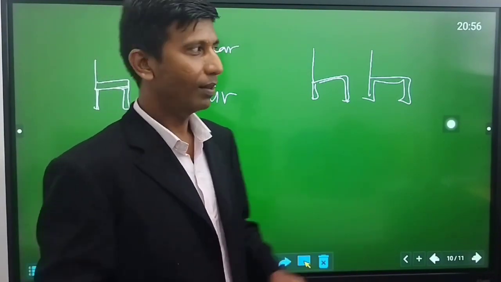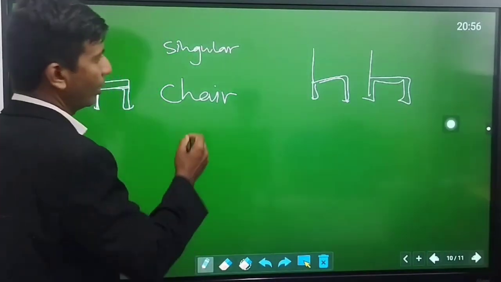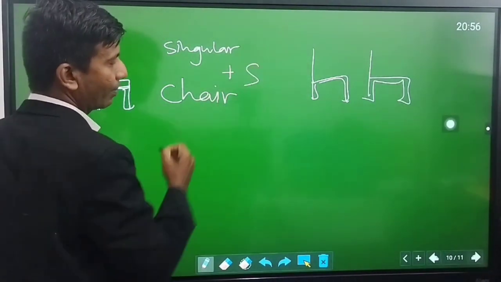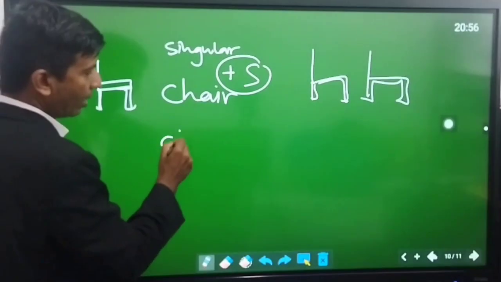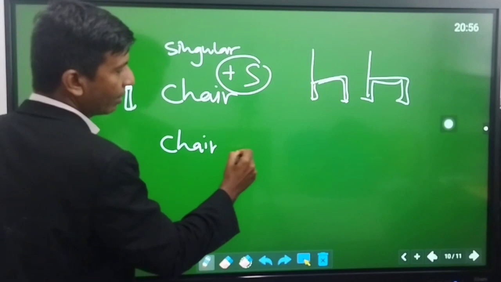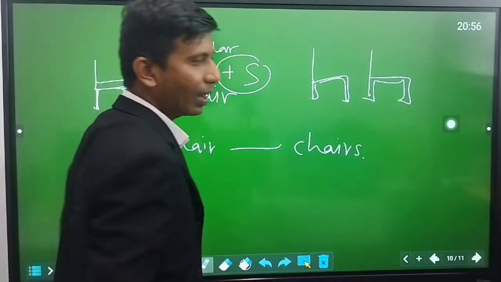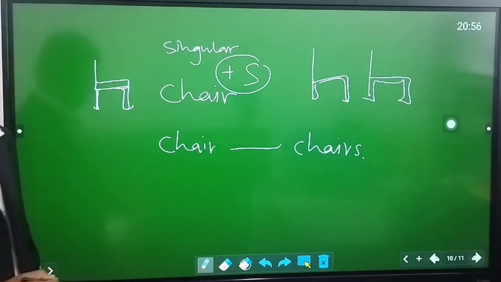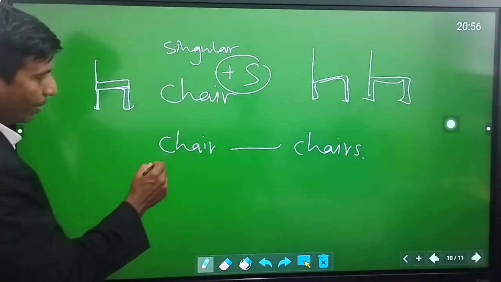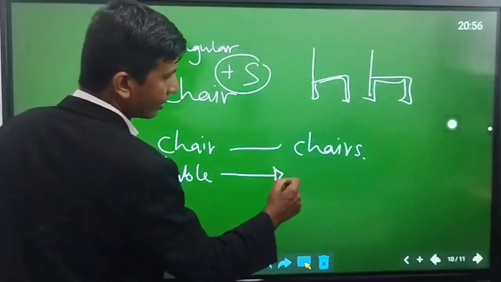Very easily you can form a plural by adding an s to the noun. Chair, the plural of chair is chairs. You just have to add an s. And table, tables.